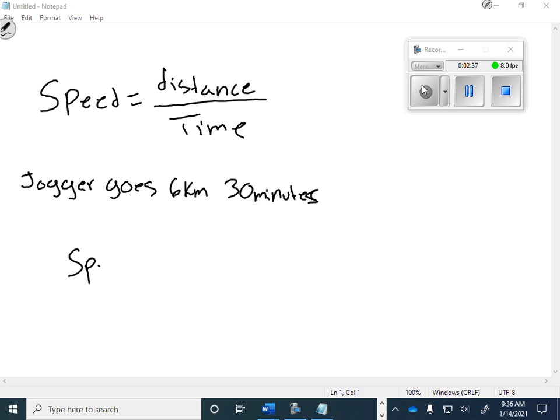We use our equation. Speed equals distance. And so distance is going to be 6 kilometers. We're going to plug that in for distance, divided by time. Our time is going to be 30 minutes. We're going to plug that in for time. Then we take 6 divided by 30 minutes, and that should equal, let me do my calculator here real quick.